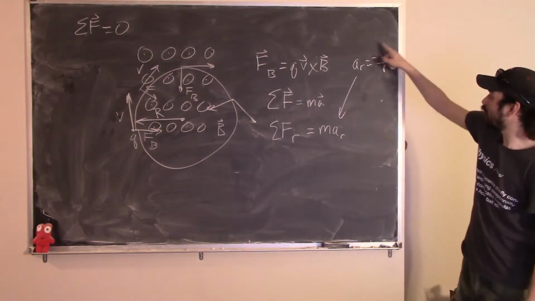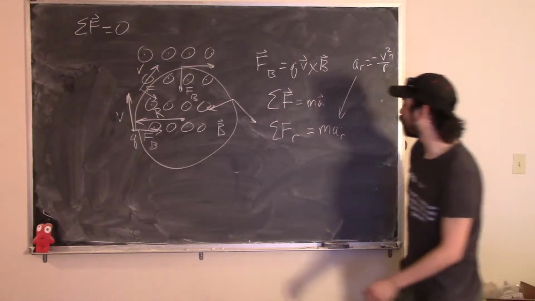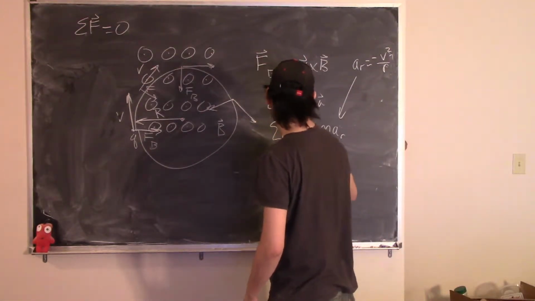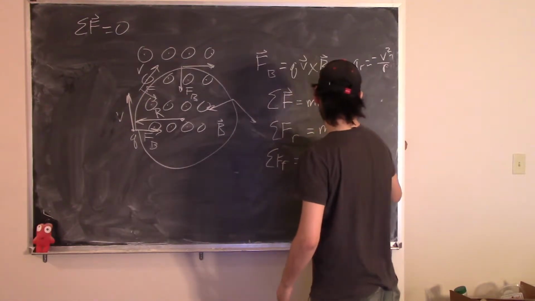So now that we have this equation here, the sum of the forces in the radial direction is going to be equal to m a_r, which is going to be equal to minus m v squared divided by r. So this is always pointing towards the center of the circle.